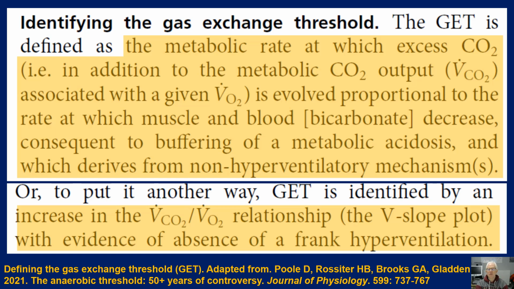And they write, the gas exchange threshold is defined as the metabolic rate at which excess CO2, i.e. in addition to the metabolic CO2 output, associated with a given VO2 is evolved proportional to the rate at which muscle and blood bicarbonate decrease, consequent to a buffering of metabolic acidosis, and which derives from a non-hyperventilatory mechanism.